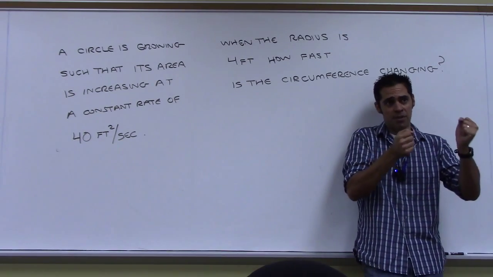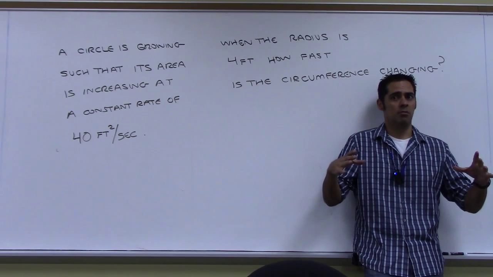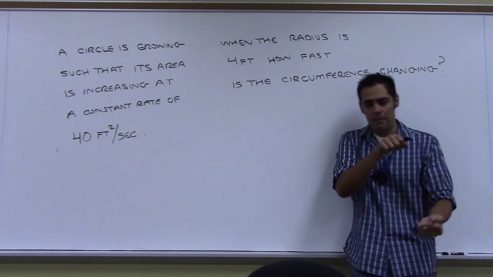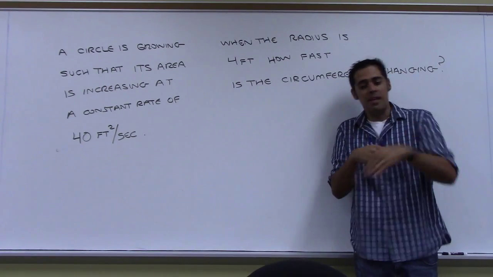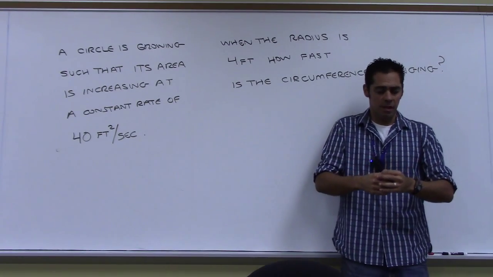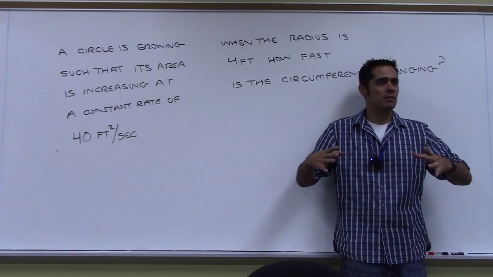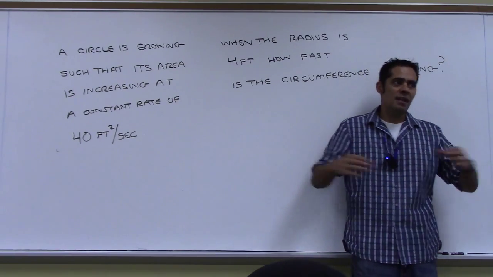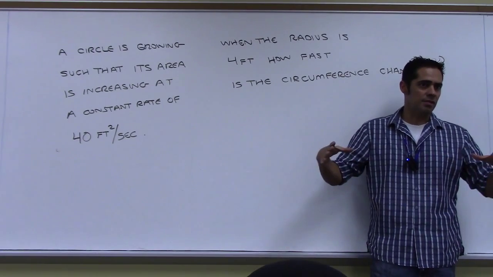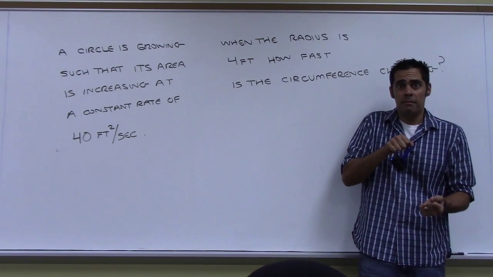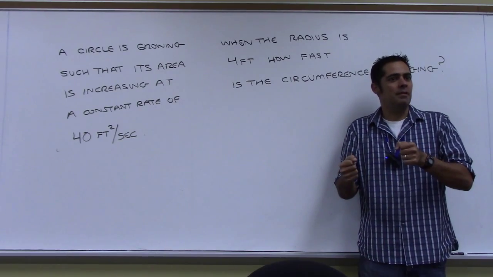I would have to pour it a particular way for that to happen, wouldn't I? What happens if I just take a bucket and pour it, and it comes out at the same rate? Initially, it grows really fast, and then it kind of slows down. That's not a constant radius increase. But if I pour it the right way, I can make that happen.